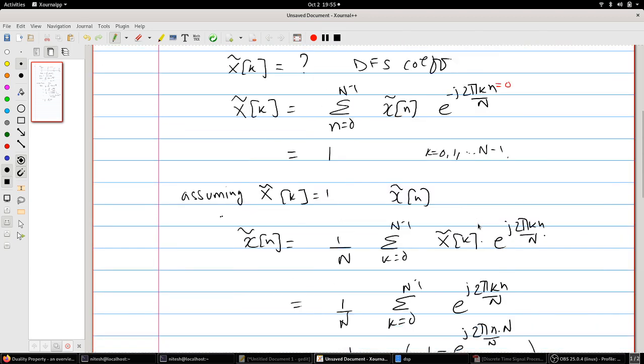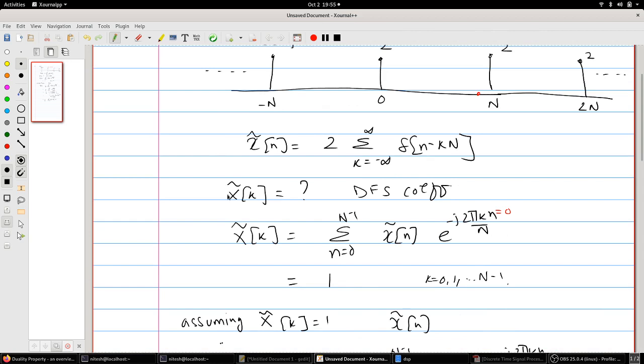I forgot to add 2 here. Once again, there's a 2 here, there's a 2 here.